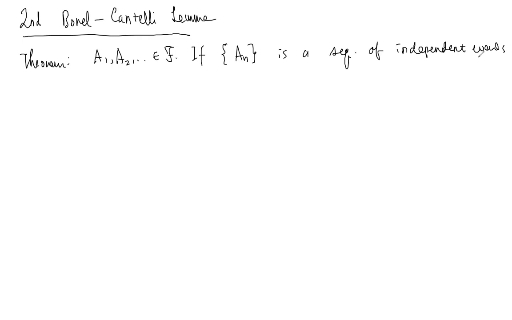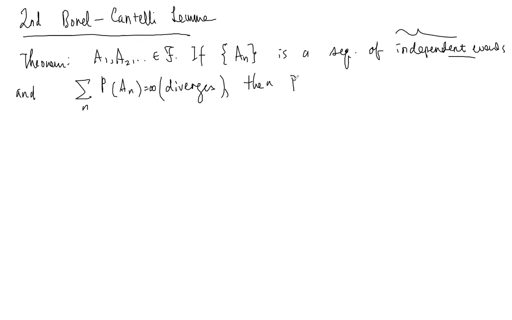So you got independence, yeah? And in this case, your sum of the Pn diverges, meaning they sum to infinity, right? Then the reverse occurs. Then P of lim sup is equal to 1. Okay.